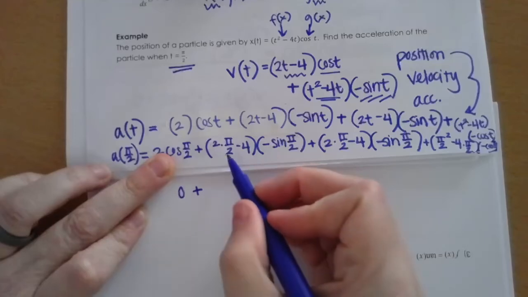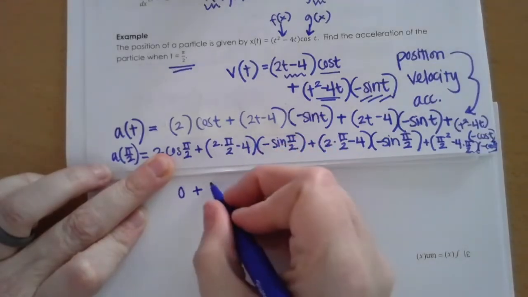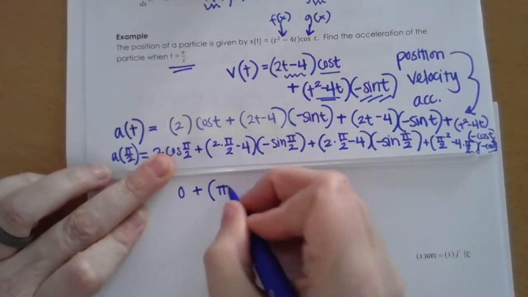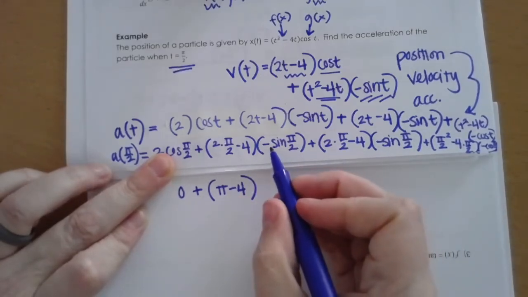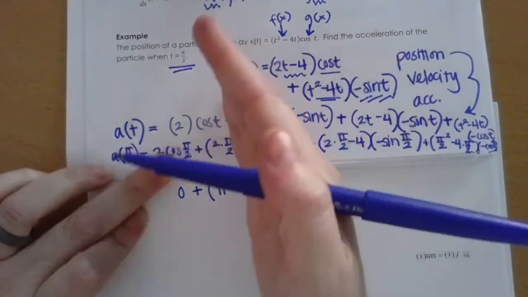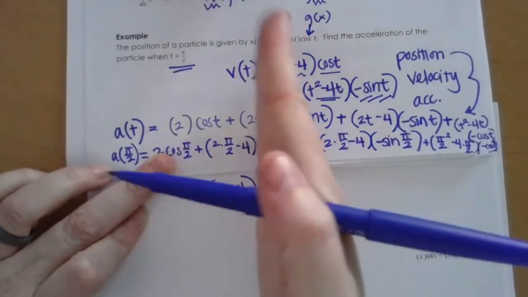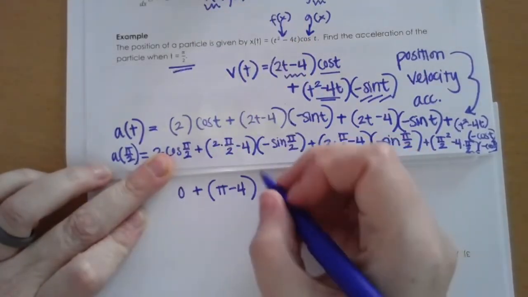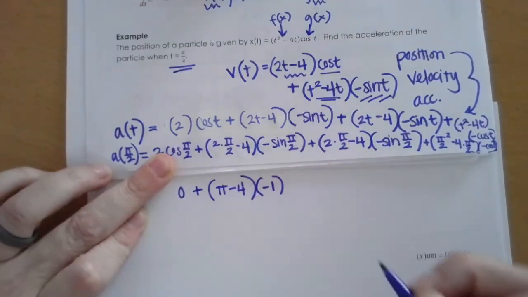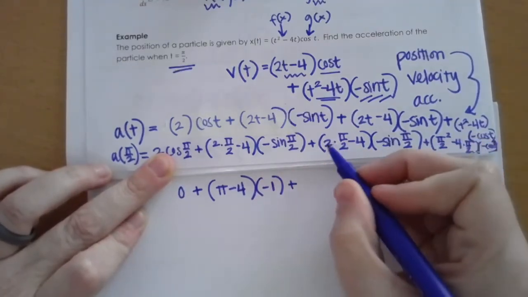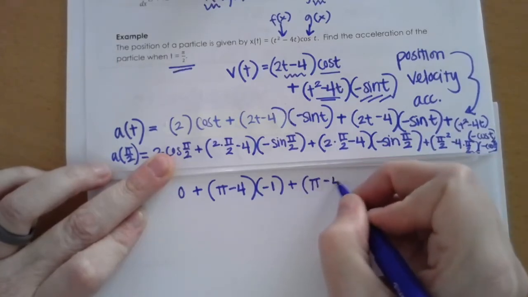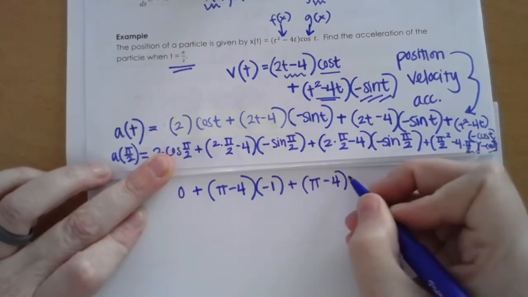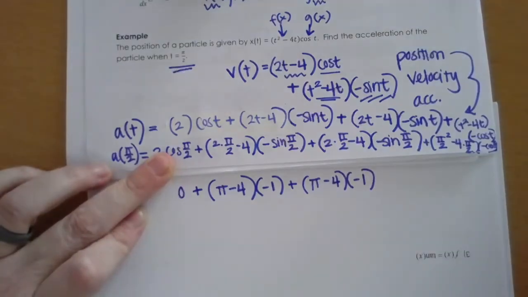Well, 2 times pi over 2, that's going to be pi minus 4 times sine of pi over 2. Remember, that's up here. The sine value is 1, so negative 1 is what I'm about to multiply here. Plus 2 pi over 2, that's simply just pi, minus 4. And we just talked about this. That's negative 1. It's the same one again.